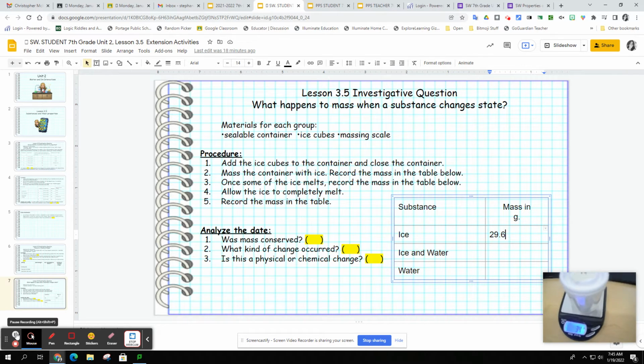All right. So we are seeing this increase. Look at that. What do you think is going on there? I'm going to reset the scale, see if we get the same results.